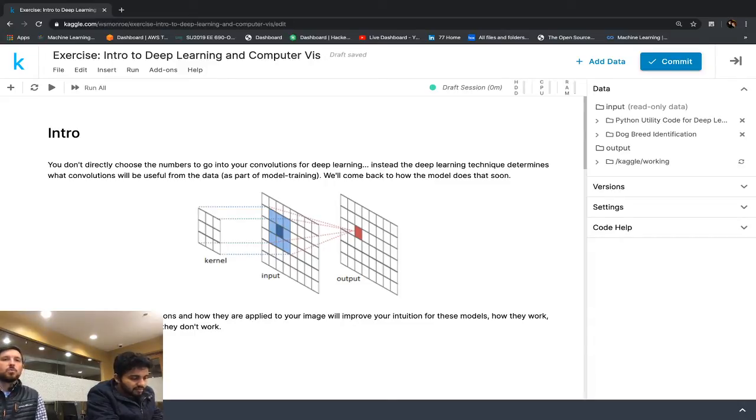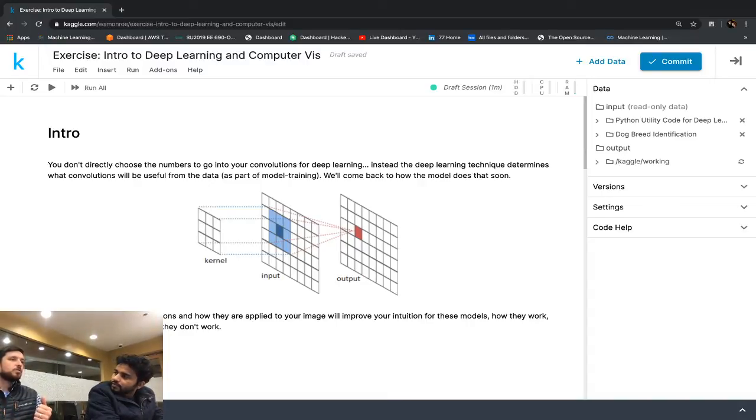One of the reasons convolution is important to understand for deep learning in particular is that when you get into these really large, complicated architectures, we did some feature engineering last year.